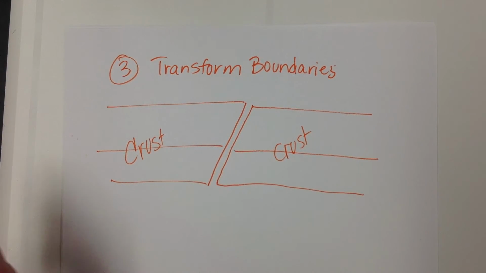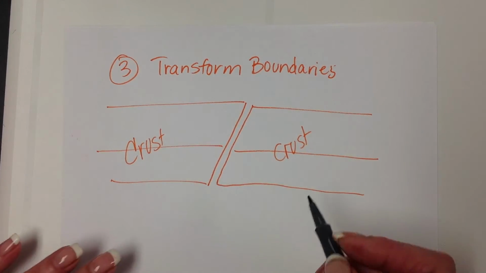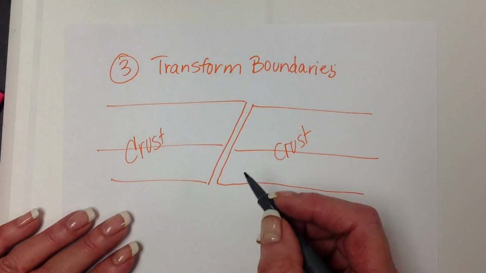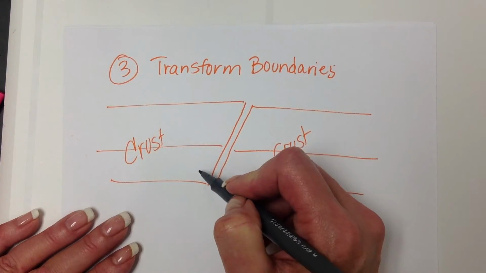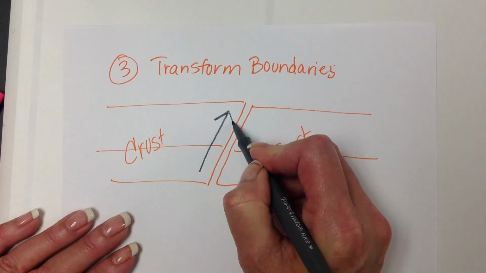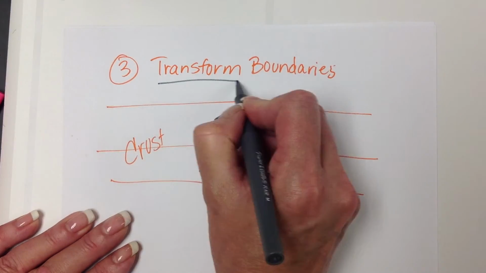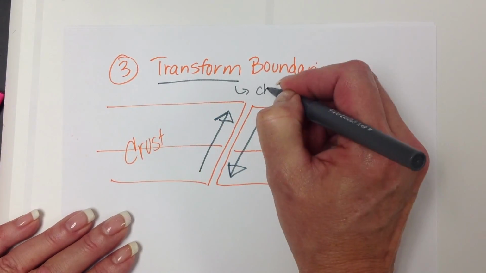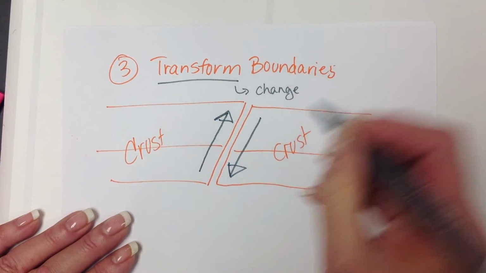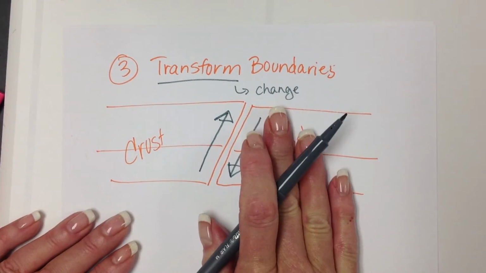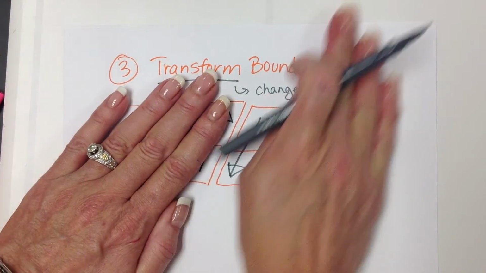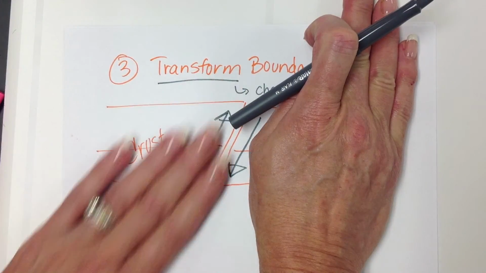Instead of wanting to move together or move away from each other, they're actually transforming, meaning they are going to slide past one another. So transform means to change, right? And change it will. Think about it. If one side of the room is trying to move past the other side of the room, what's going to happen to the room?